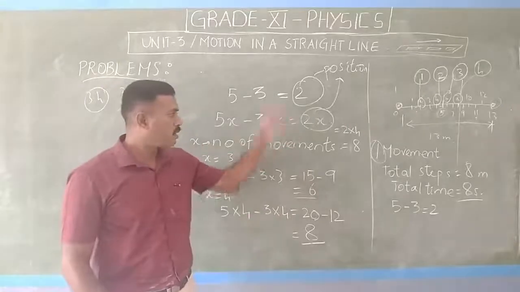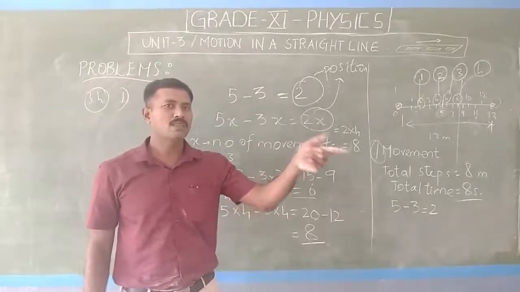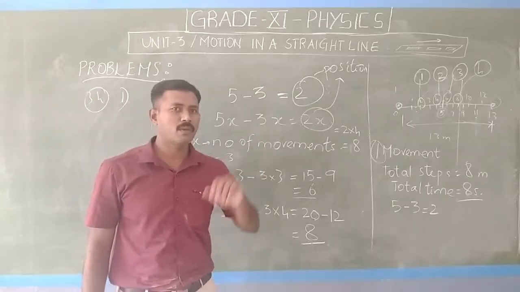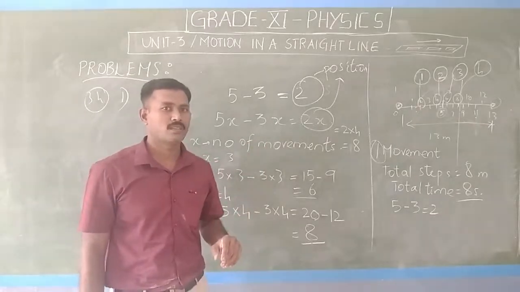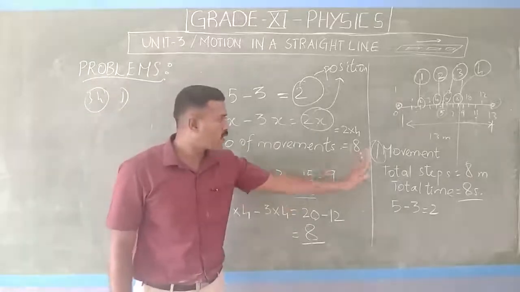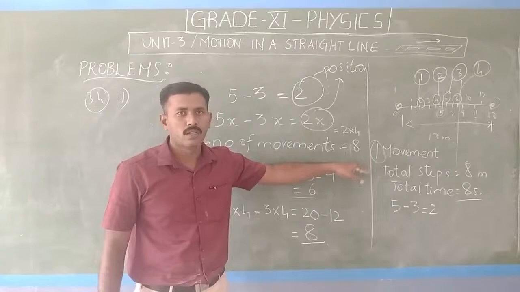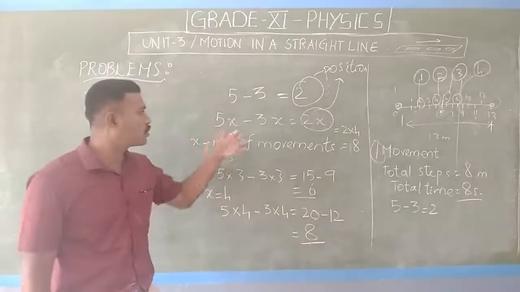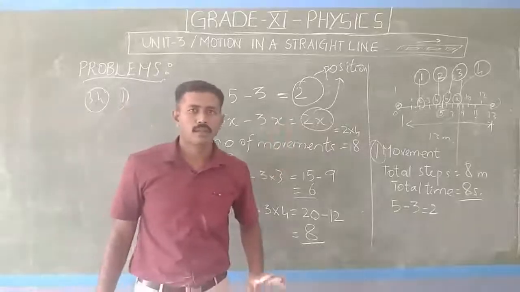Obviously, if you substitute 5, your drunkard will be in the 10th position. There comes the logic you have to think. You have already attained the 8th position if you substitute x equal to 4. Clear?